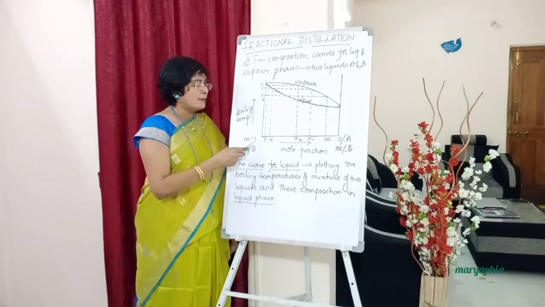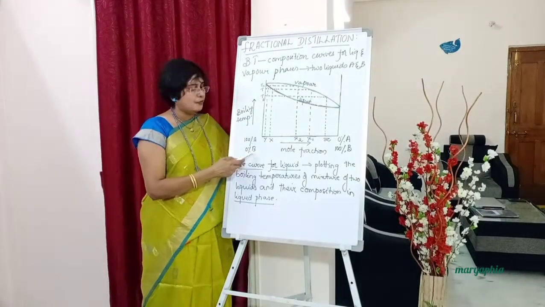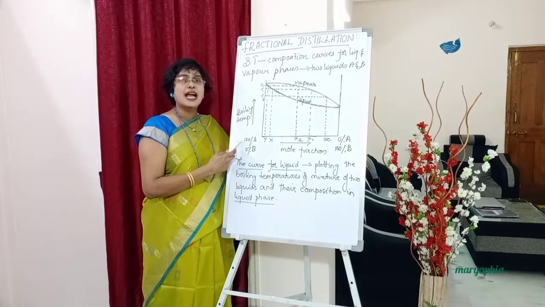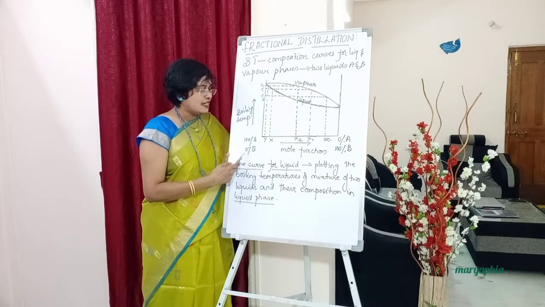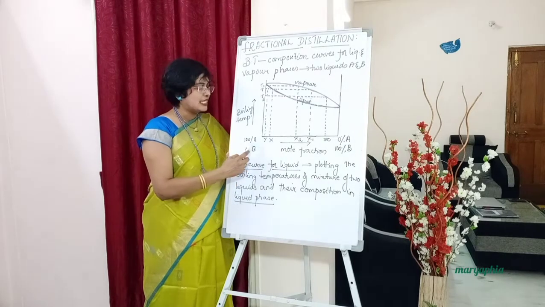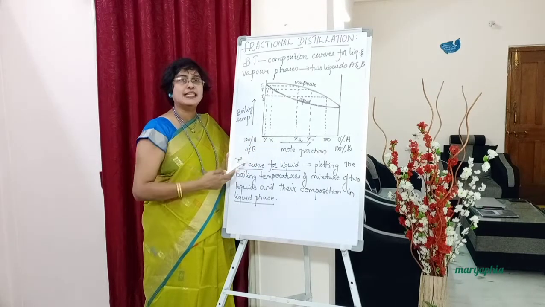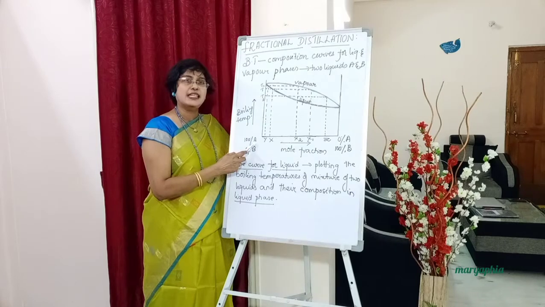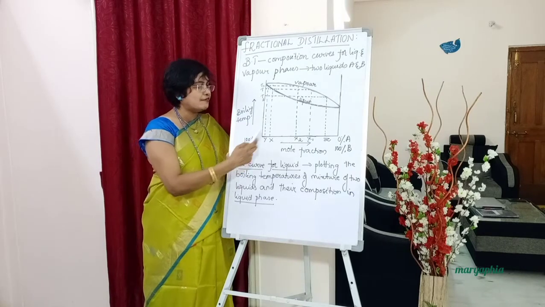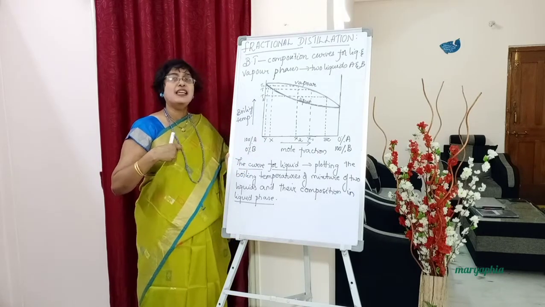The two liquid components are taken as A and B. We started with 100% A and 0% B. As we move from left to right, the percentage of A decreases, and as we move from left to right, the percentage of B increases.